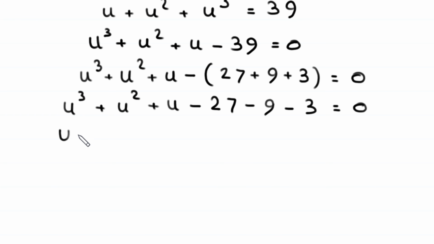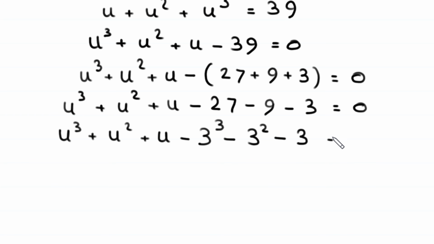Next, u cubed plus u squared plus u minus 27 can be written as 3 cubed, minus 9 can be written as 3 squared, minus 3 equal to 0. Now we group this u cubed with this negative 3 cubed, and we group this u squared with this negative 3 squared, and we group this u with this negative 3.